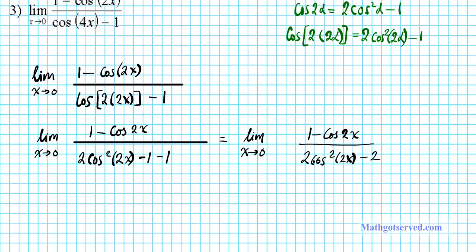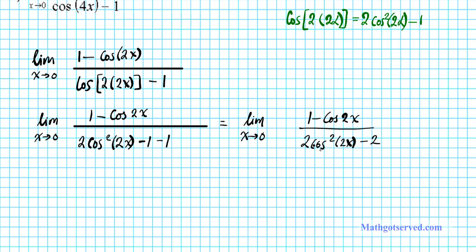Now let's factor out the 2 from the denominator. I can pull it out and express it as 1/2 of the limit as x approaches 0 of 1 minus cosine 2x divided by cosine squared 2x minus 1. Now in the denominator I have a difference of squares, so I can factor that using my difference of squares formula.